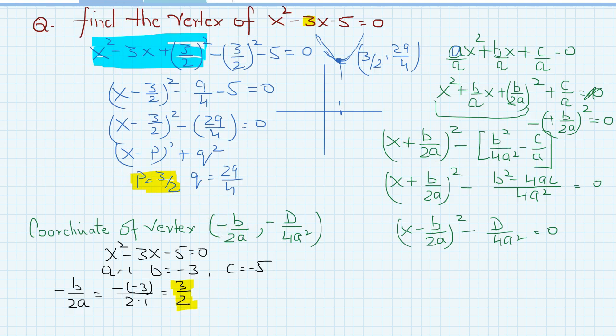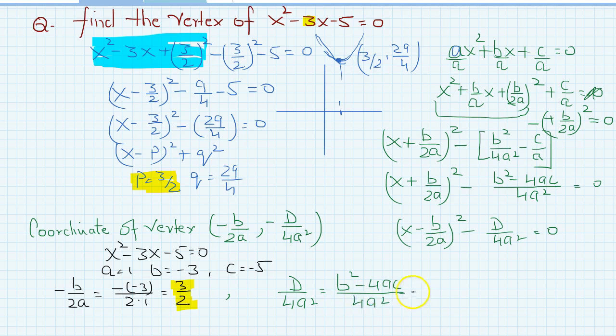Now let's find the y coordinate. So that is minus D over 4a, that is minus (b square minus 4ac) over 4a.